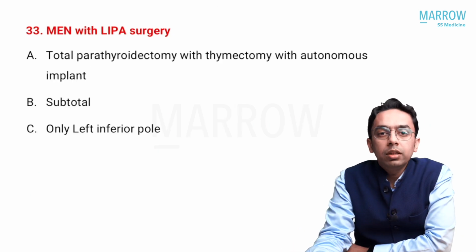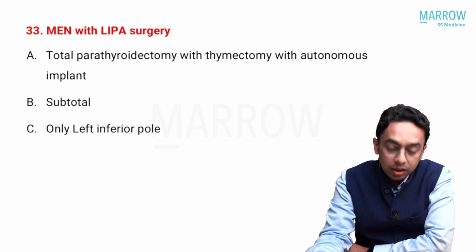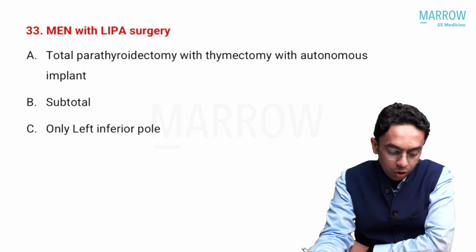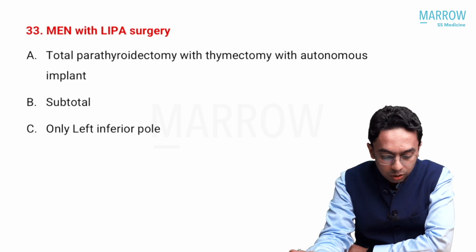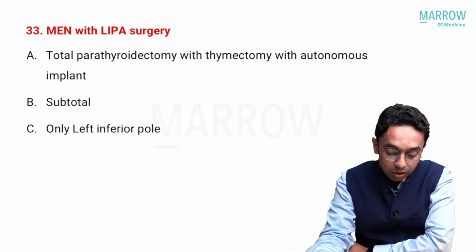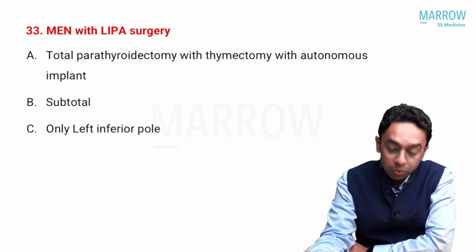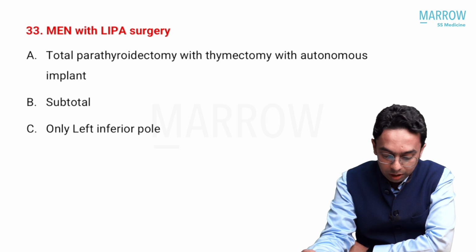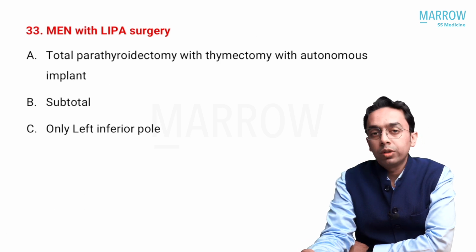Coming to question number 33, MEN syndrome with LIPA, that is left inferior parathyroid adenoma. What do you want to do? Do you want to do a total parathyroidectomy with thymectomy with autonomous implant? You want a subtotal surgery, or only the left inferior parathyroid do you want to resect?